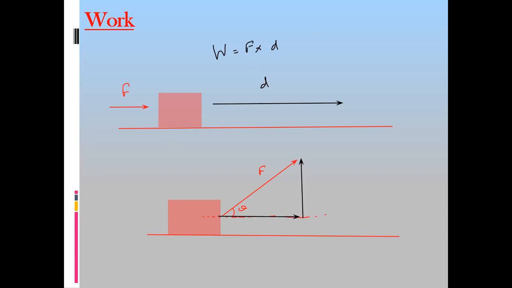The component with the angle equals F cos theta, and against the angle it will be F sin theta. So if we move this object a distance d, the component of the force which is responsible for this movement is F cos theta. So when we calculate the work done, in this example the work done will be equal to F cos theta multiplied by d.